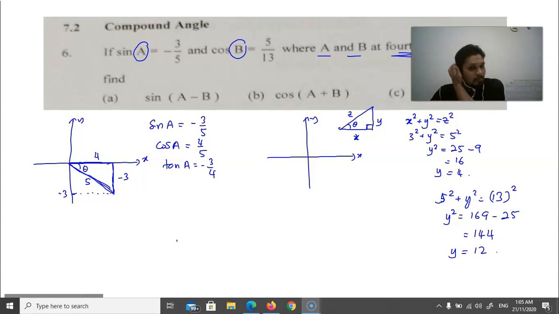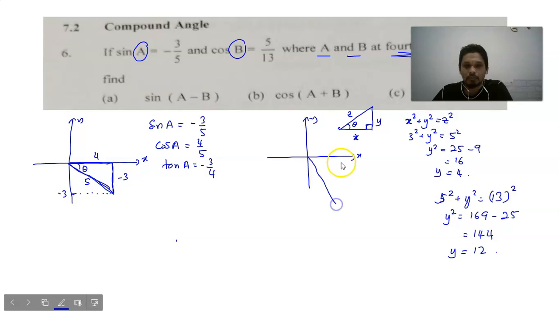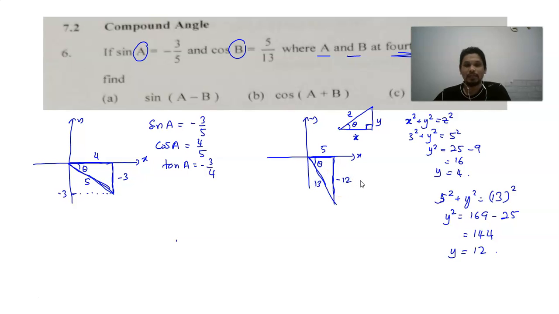Now, in this triangle here, with theta, cos is 5 divided by 13, and here is negative 12.